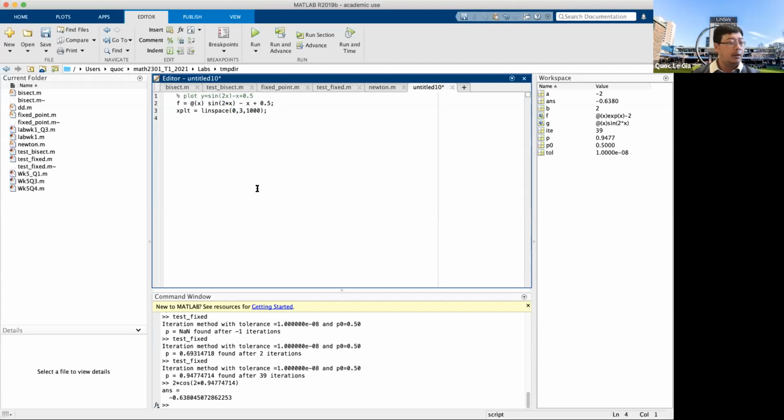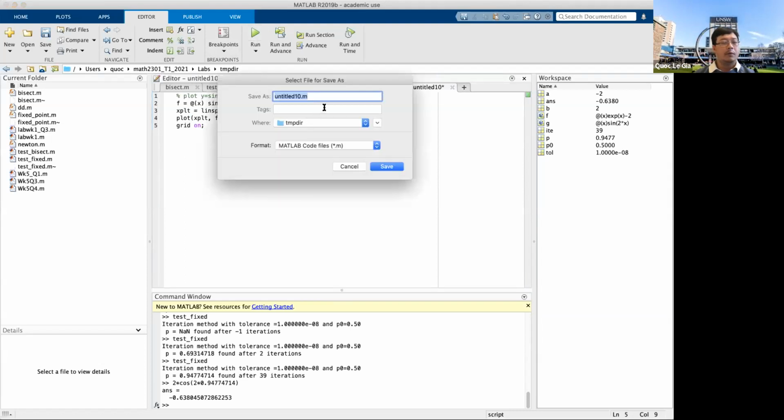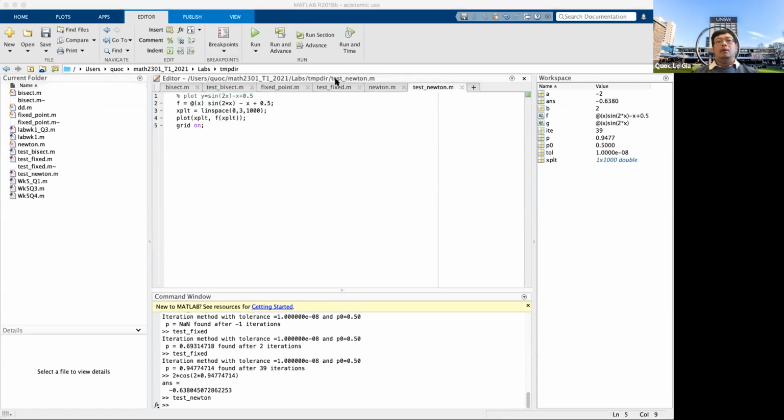Then I plot x plot, f of x plot. Okay, so if I plot it, what do I see? I have to give a name, so test Newton. So you can see that. Okay, let me show you the plot.